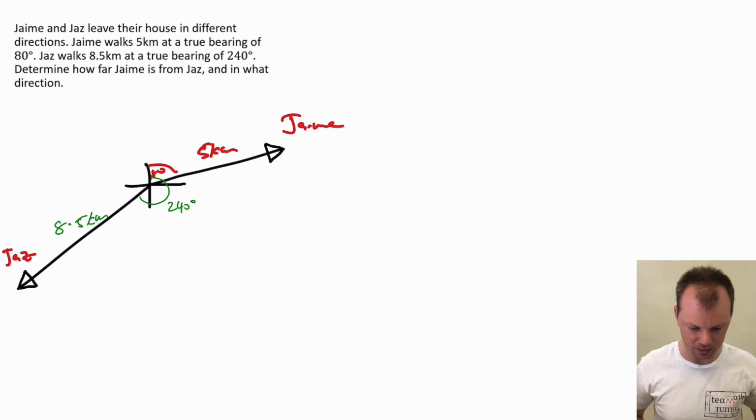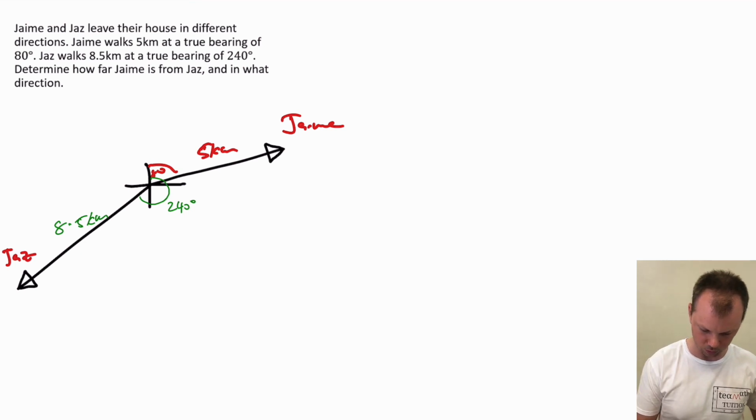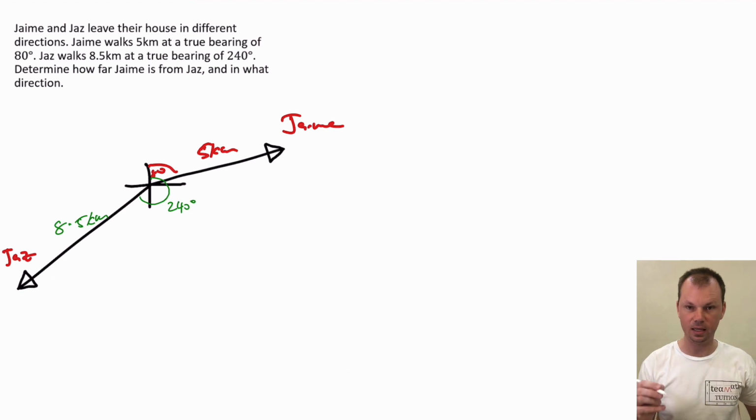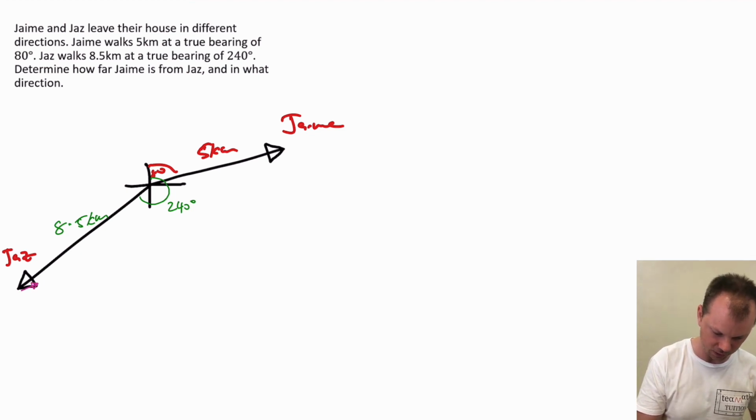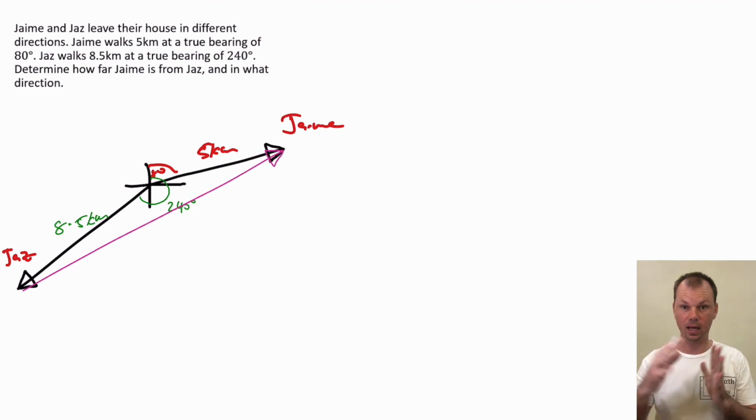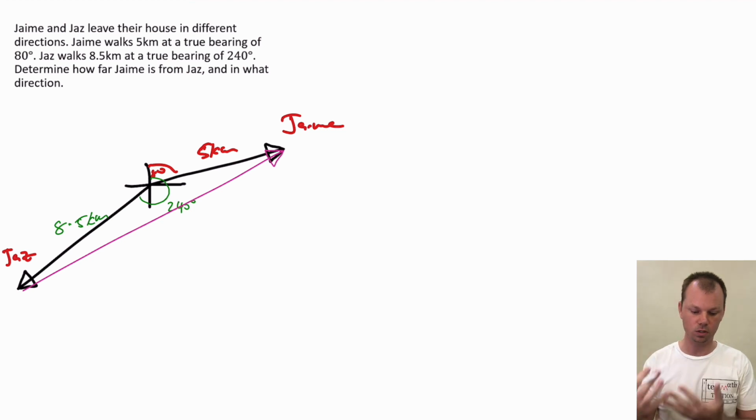Determine how far Jamie is from Jazz. So if we draw a vector, how far Jamie is from is the keyword, so it's from Jazz. So it's going from Jazz to Jamie. So we are looking at this vector here, from Jazz to Jamie, and we are looking at the magnitude of that vector. We are also looking at the angle.